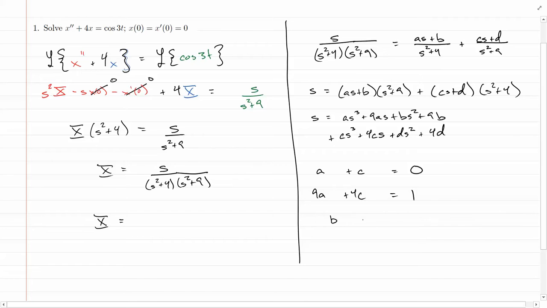So b plus d must be 0. And then 9b plus 4d must be 0 because there's no constant term over here.